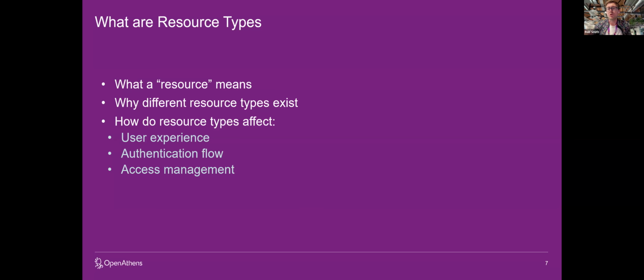Really, there's quite a broad category of different types of users. But really, what we're talking about here when we talk about resources is linking that paid for content, that subscription, to an authentication method that your users can use to access that content.